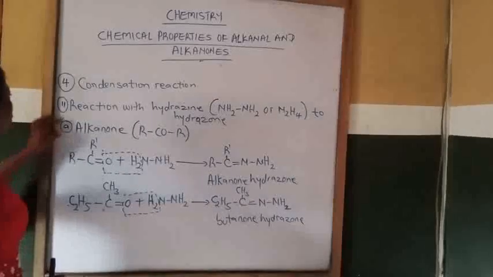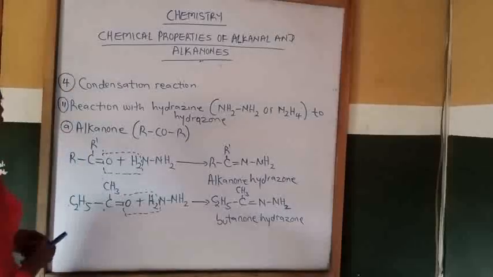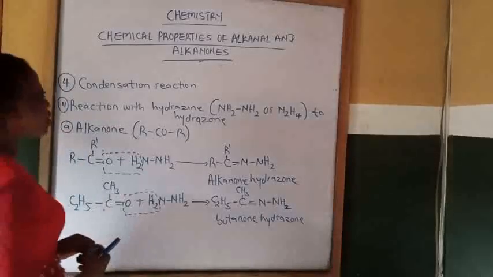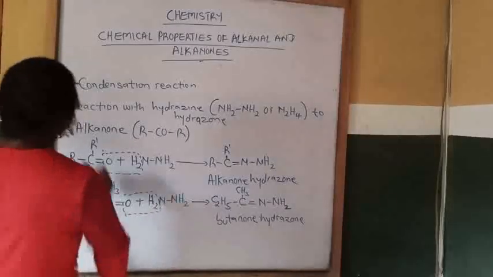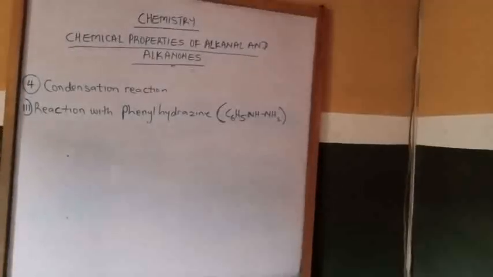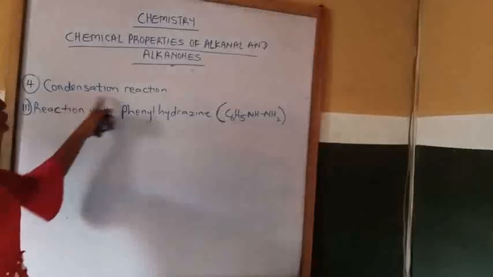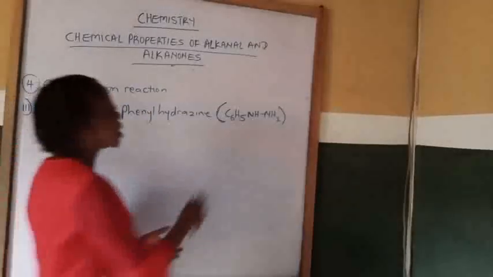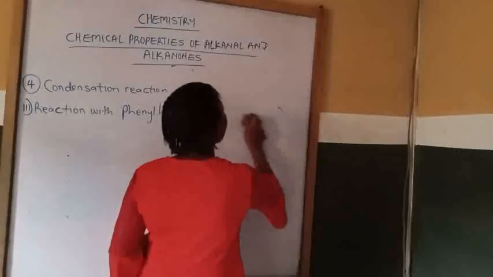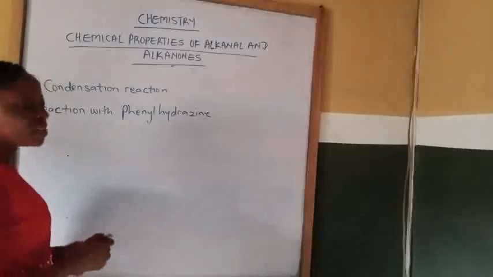So let's move to the third chemical reaction under condensation. The third chemical reaction under condensation is reaction with vinyl hydrazine. Then how can we obtain the chemical formula for vinyl hydrazine?